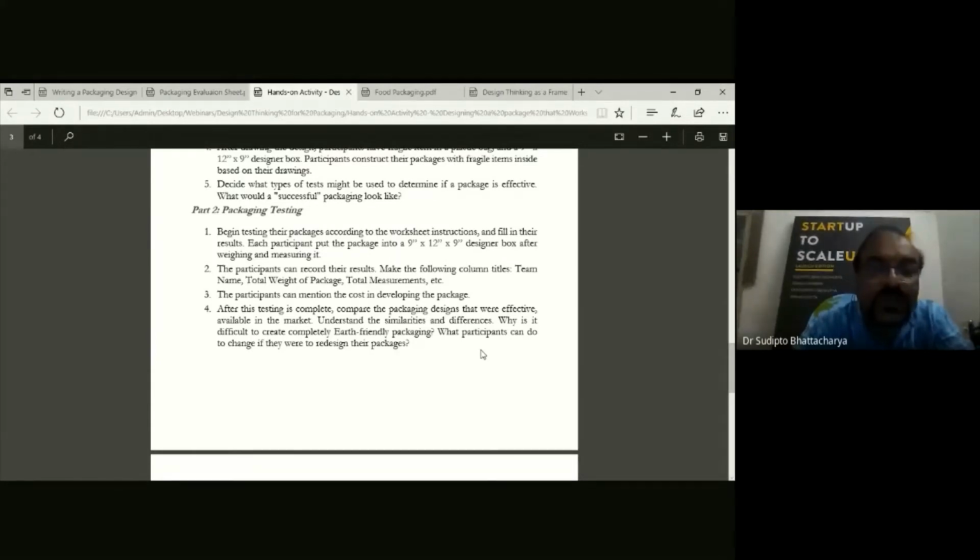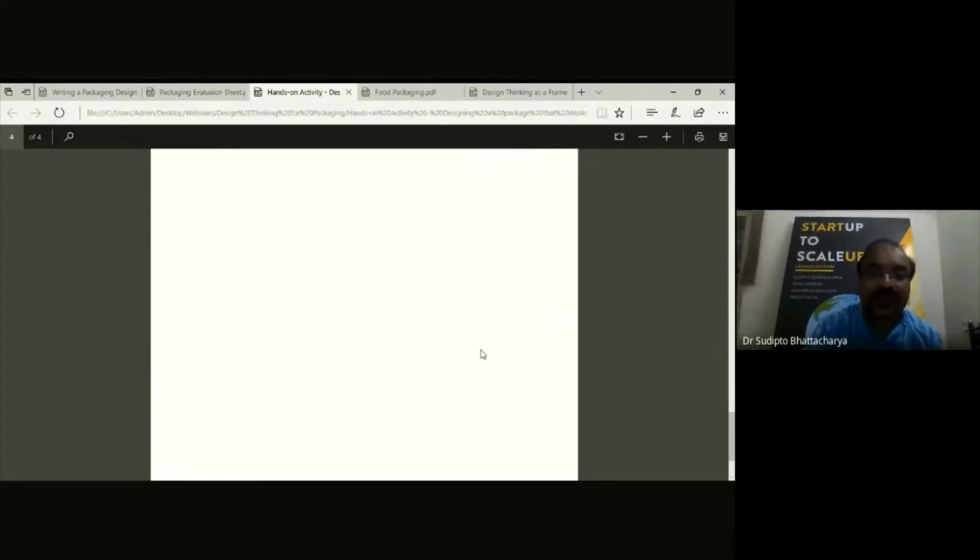So we make all this and then compare the packaging designs with those which are effectively available in the market. This is very important. Have we made an eco-friendly packaging? Then we have to check whether these packages can be redesigned for further benefits for the customers. So these are certain things which are important, but whatever I have given to you.